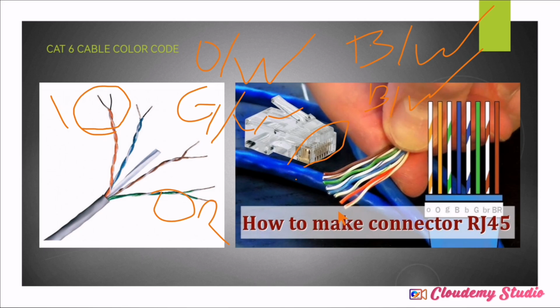Then followed by orange. Then from there you're going to get a green, white. Here there's a green, white, this one. Then we skip a solid green, it will jump in somewhere there. So we start with orange white, then orange, then a green white, followed by a solid blue, then a blue white. That's why now a green comes in.